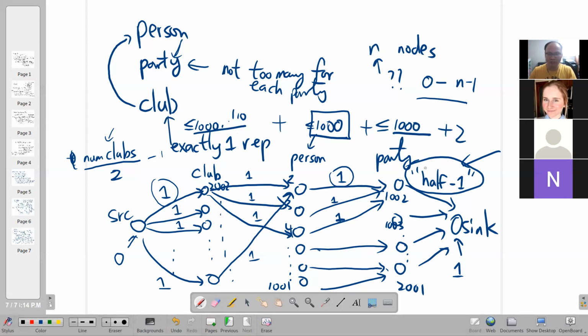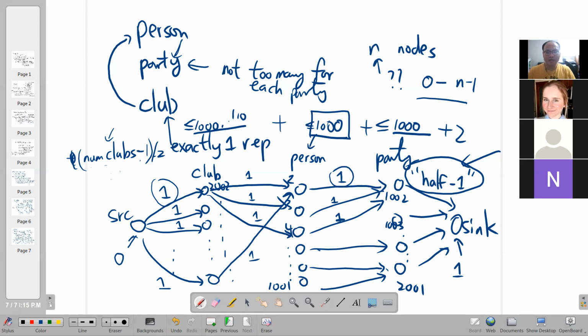Or you can eventually figure out that you can do it all in one go by writing (num clubs - 1)/2. It will work out whether it's even or odd, and give you the number that is just smaller than half.